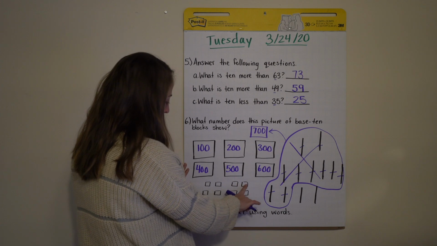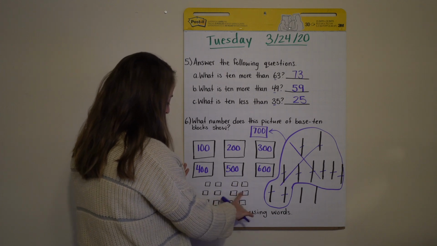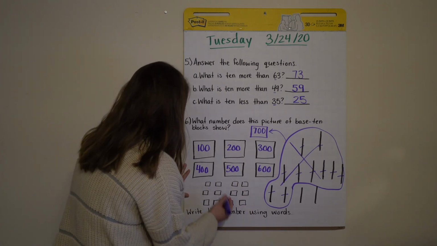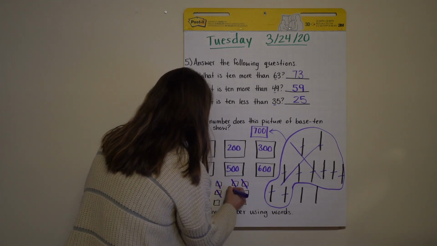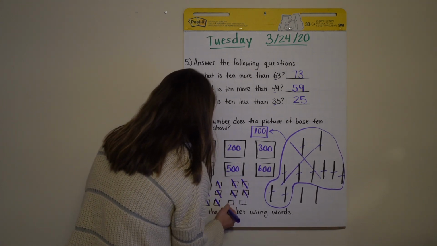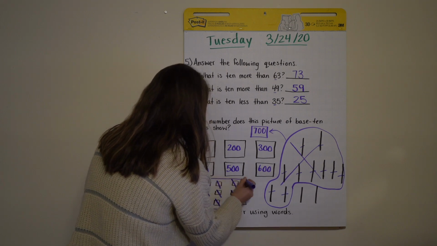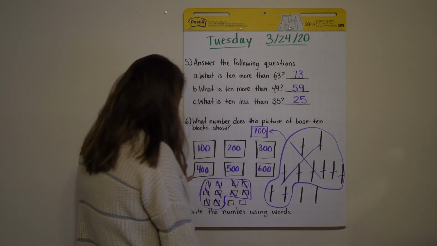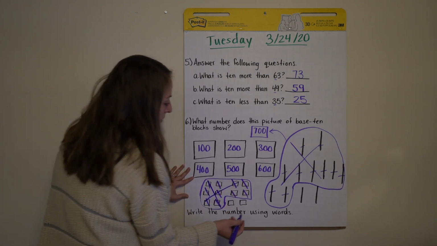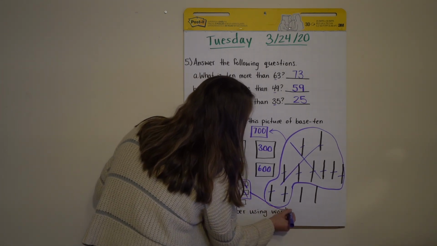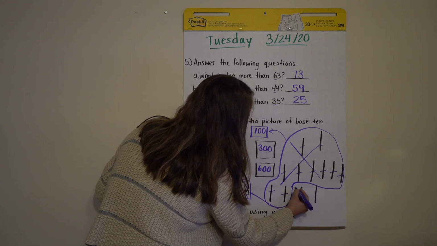Now, before I keep going, I want to regroup my 1s and make it a 10 stick. 1, 2, 3, 4, 5, 6, 7, 8, 9, 10. Let me mark them. 1, 2, 3, 4, 5, 6, 7, 8, 9, 10. I'm going to circle. I'm going to cross this off, and I'm going to make an arrow and make another 10 stick right here.